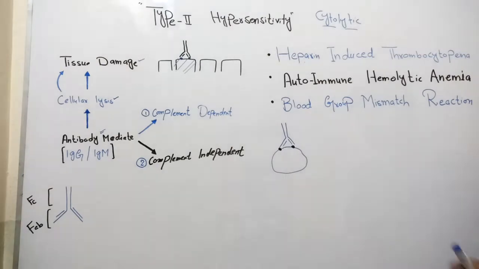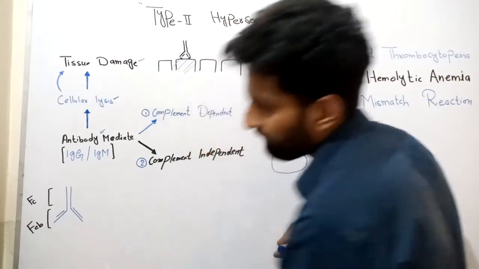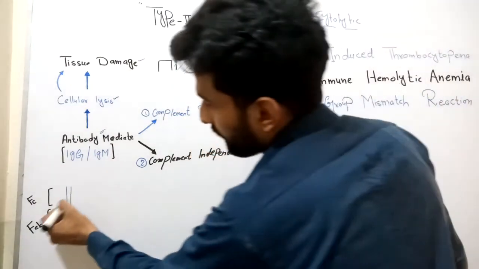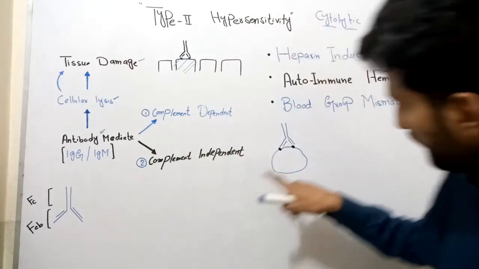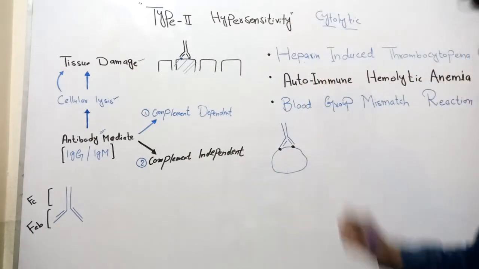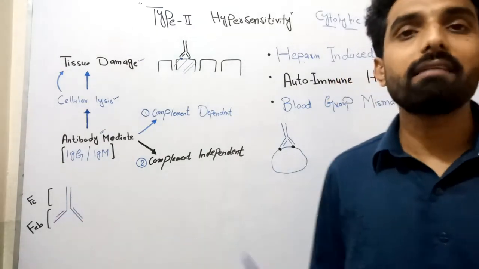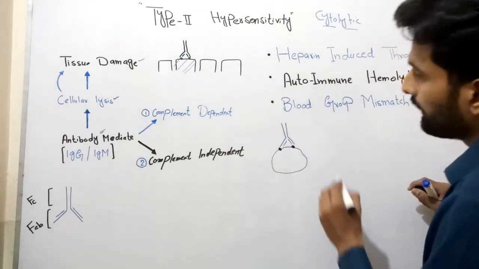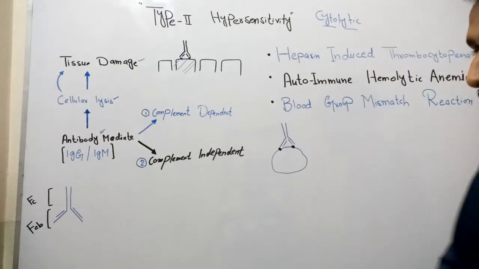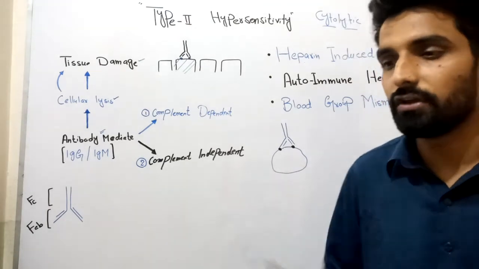Now what will happen? We know that this is the structure of an antibody. This portion is called Fab and this portion is called the Fc region. The Fab portion is for attachment with the antigen, while the Fc portion can activate the complement system. There are several complement proteins present in our body, like C1, C2, C3, C4, C5.